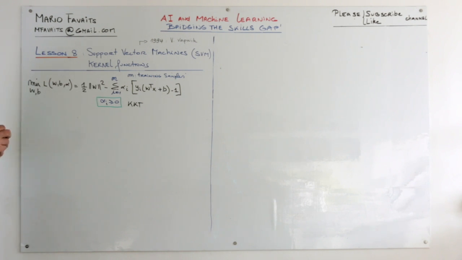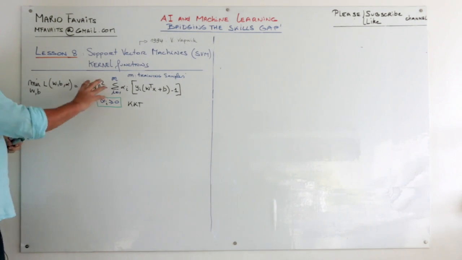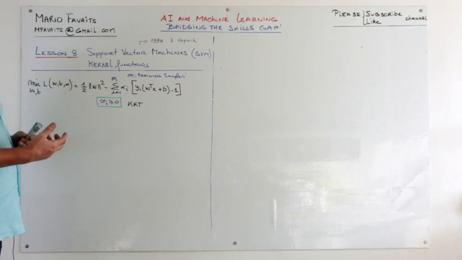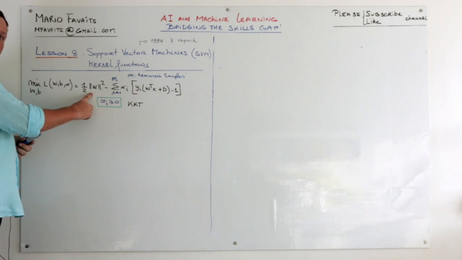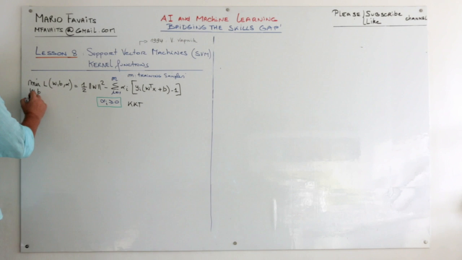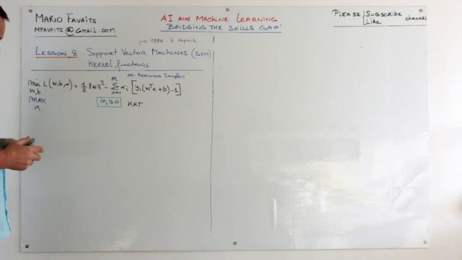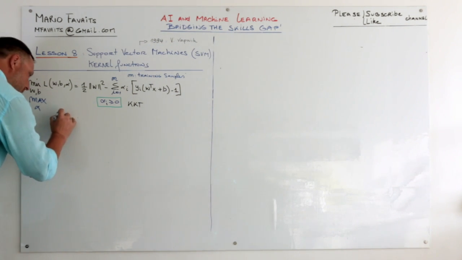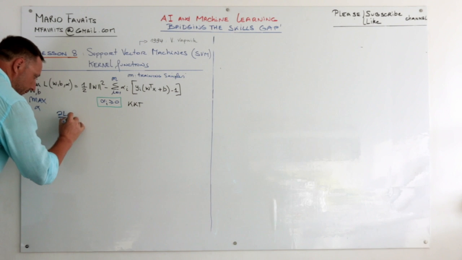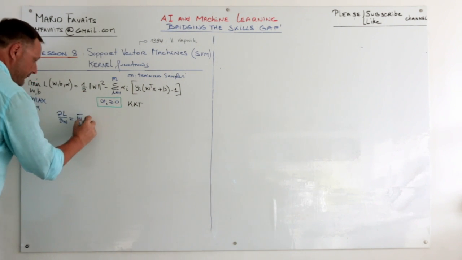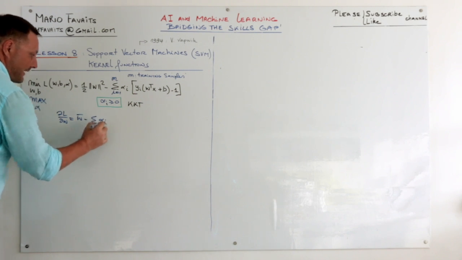So what we're going to do now is minimize this function with respect to w and b. And once we found expressions for w and b, we'll put them back in here, and then we will maximize over alpha. This is how you deal with such a problem. So let us take a look at the derivative of L with respect to w. The 2 comes to the front, so this will be just your vector, and then minus the sum over alpha i.